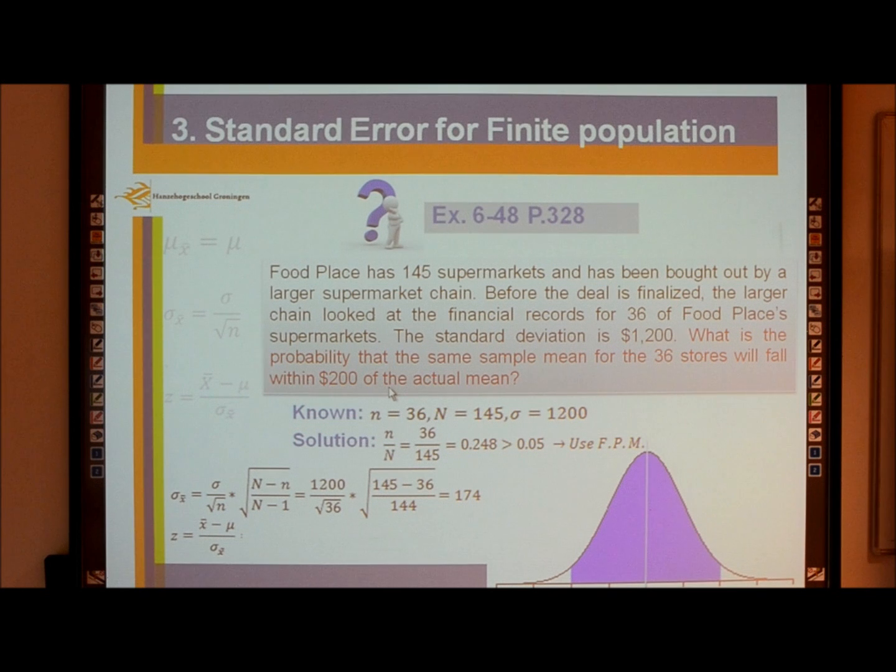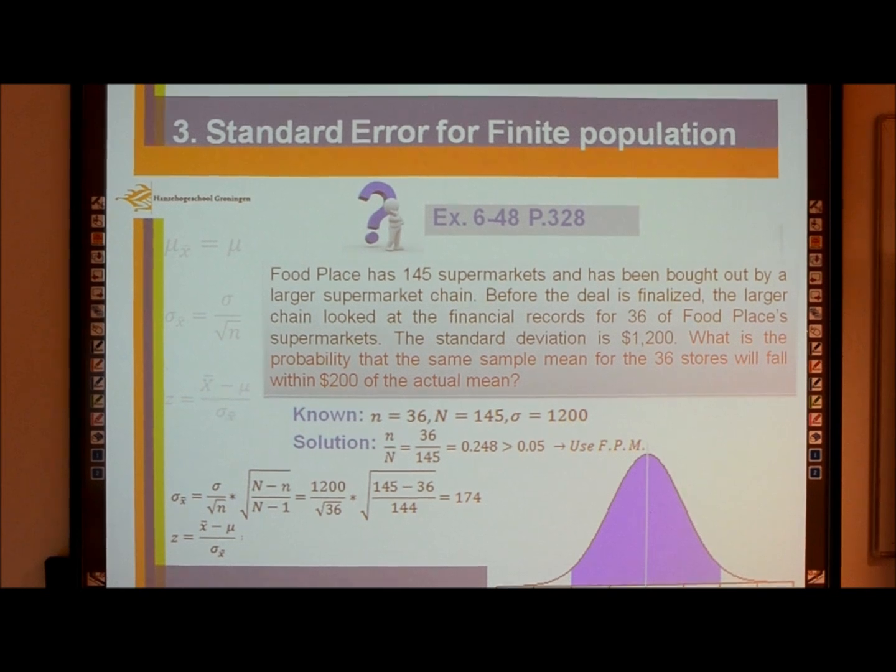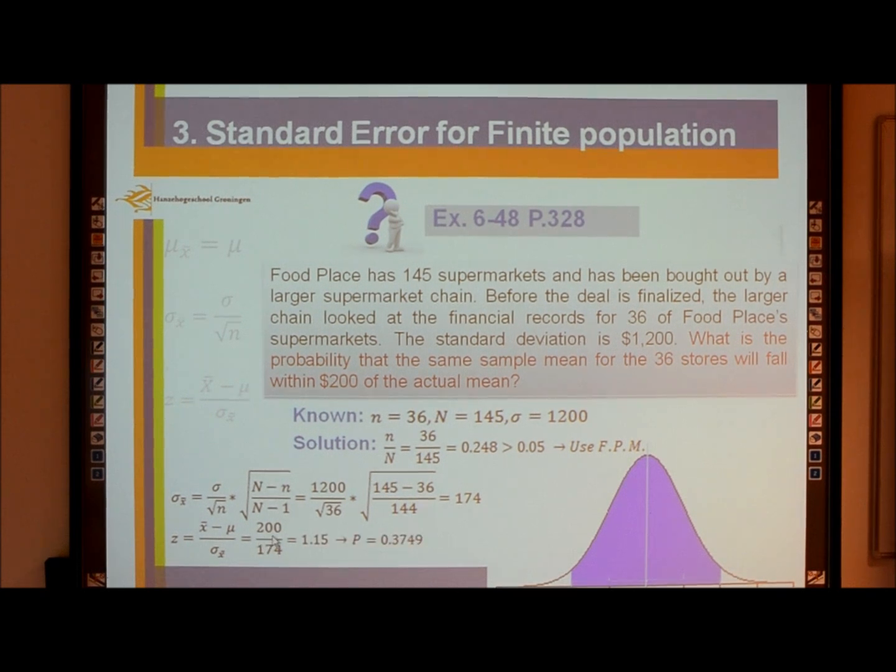Within $200 of the actual mean means either plus or minus 200. Then x-bar minus mu equals 200, divided by the standard error, 174. You get your z-score. And then you check table A1, you get your probability 37.49%.